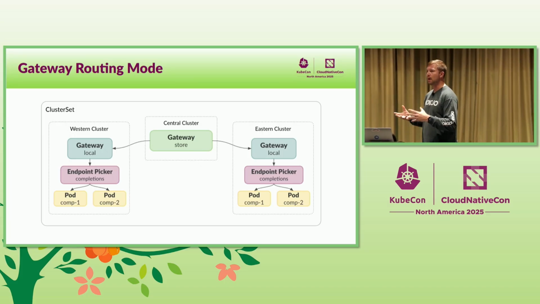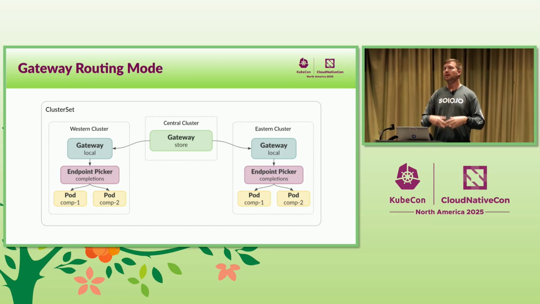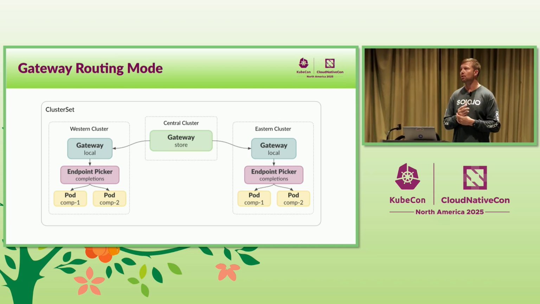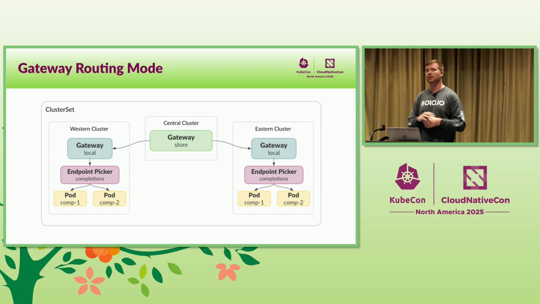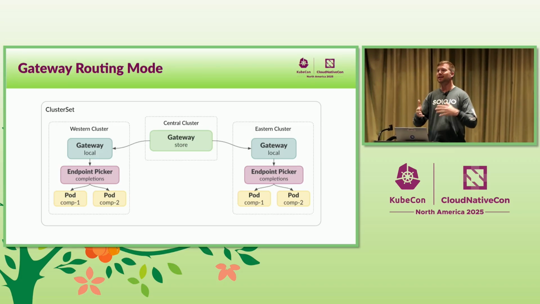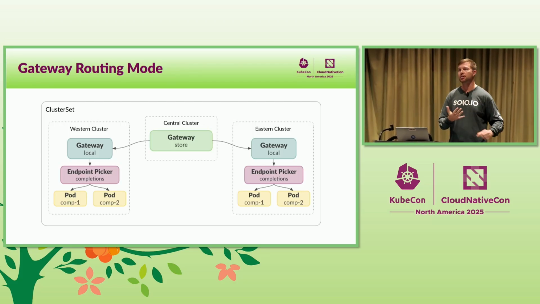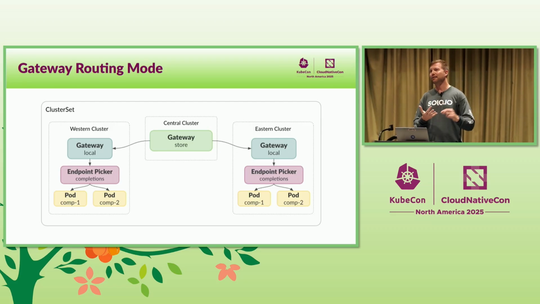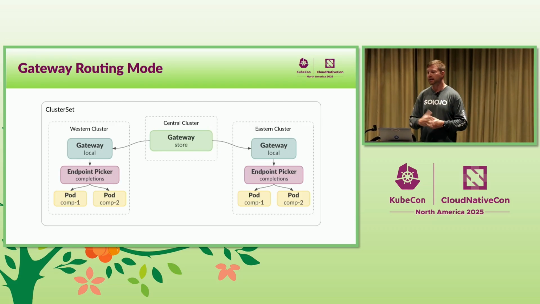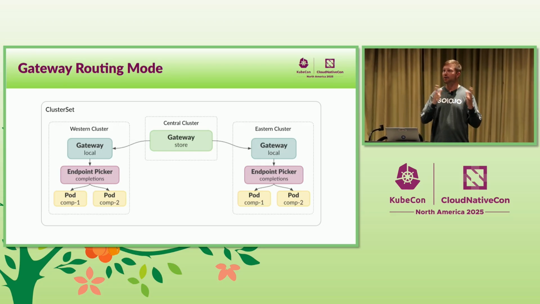So as Rob showed previously, when an inference pool is annotated, there's a controller that dynamically creates this inference pool import resource in each of the clusters within the cluster set. And that resource exposes the cluster local information for each of the clusters within the cluster set. So the cluster name, the endpoint picker information, basically all the information needed for this multi-cluster gateway here in the central cluster, for our example, to make the decision on where to route the traffic to.